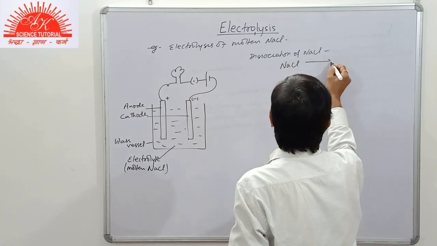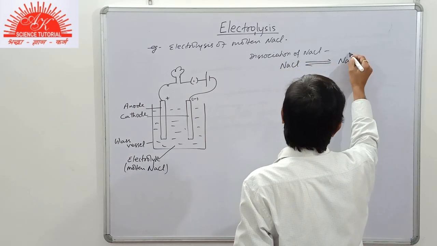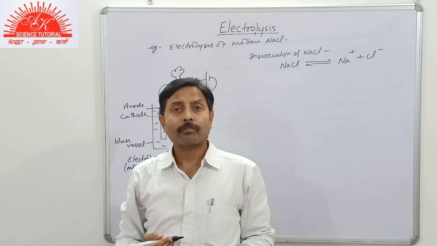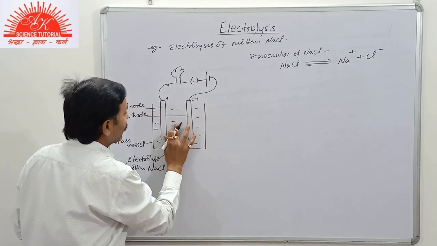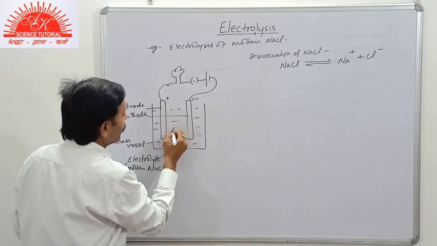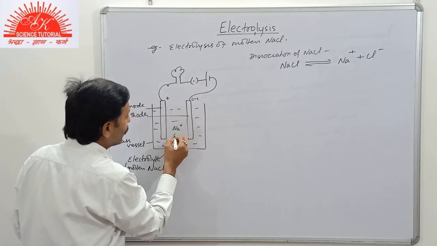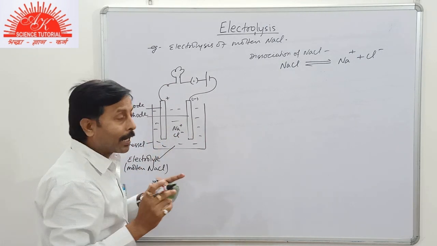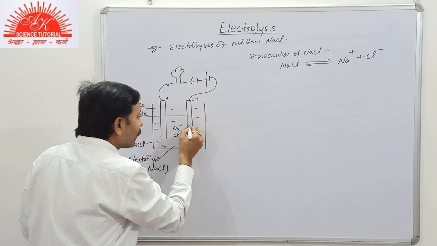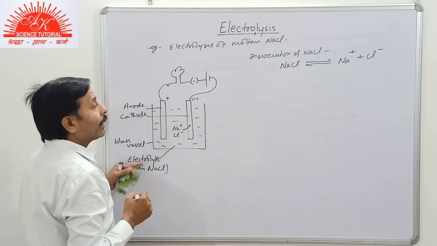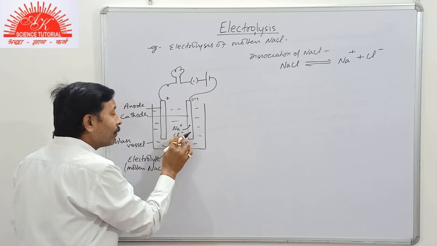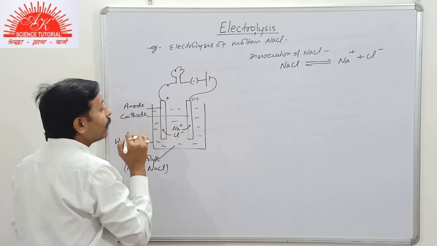Now you see here the reversible symbol is taken, Na plus and Cl minus. So the ions are formed. Now this positively charged ion, that is a cation, is attracted towards the cathode, the negative electrode, and the chloride ion, which is negatively charged, is attracted towards the anode.